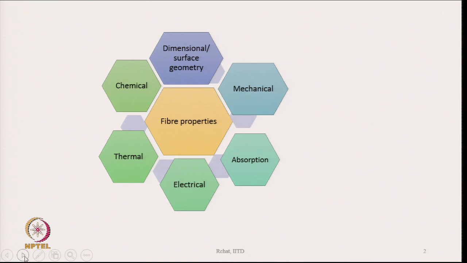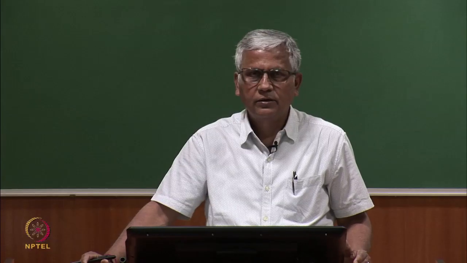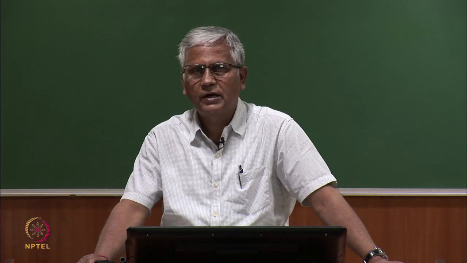There are electrical properties of fibers, then thermal properties of fibers, chemical properties of fibers. So, the fiber properties can be classified into so many groups, and it is important for us to know what are these properties, how the properties differ for different types of fibers, and what could be their role.